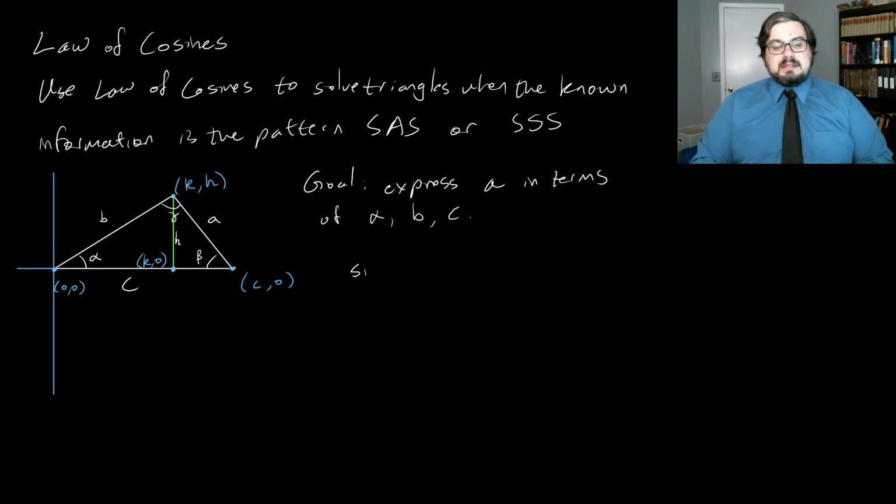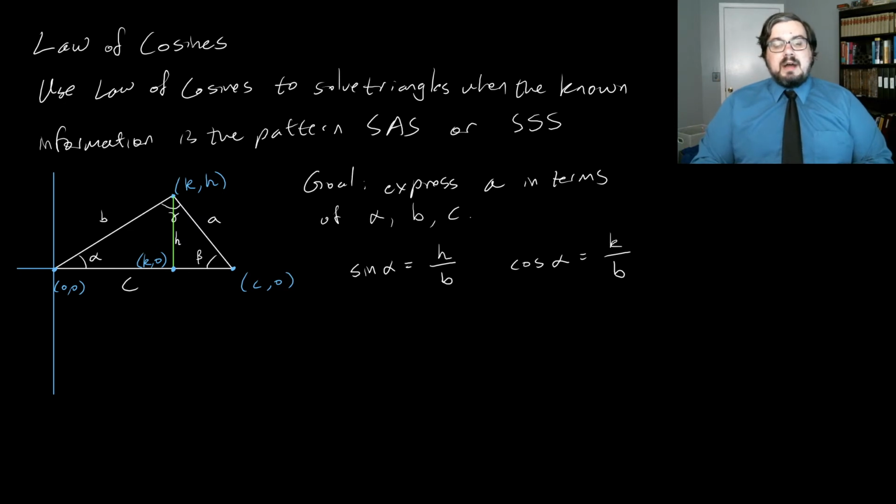So we can say that sine of alpha is equal to h over b. That's just opposite over hypotenuse for the right triangle with angle alpha. Cosine alpha is k over b because the length of the segment that goes from the point 0, 0 to k, 0 is k.